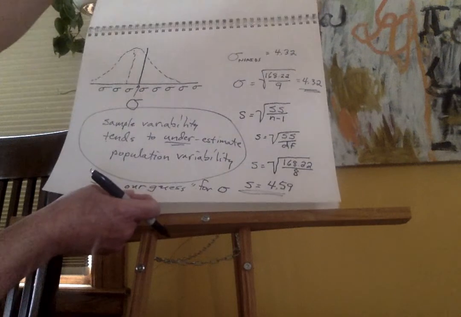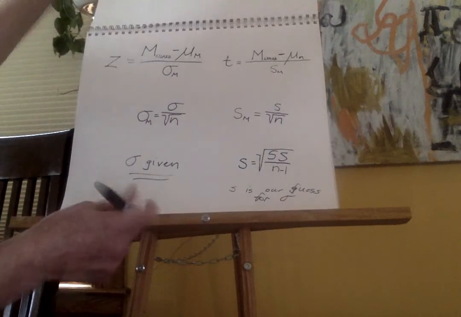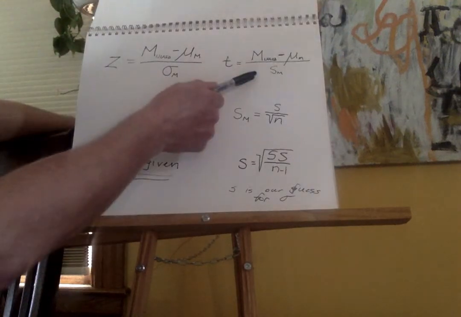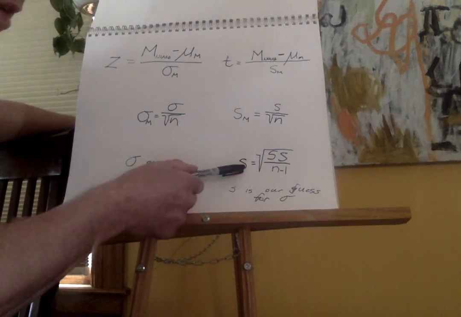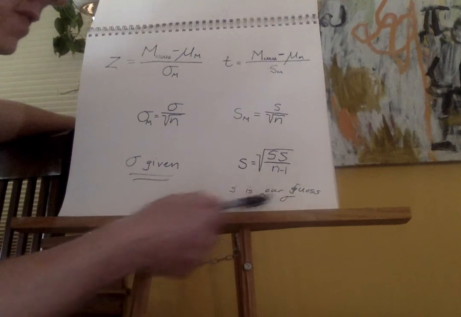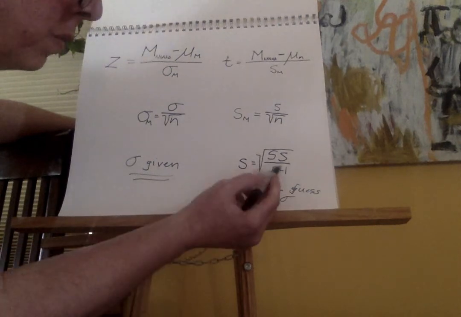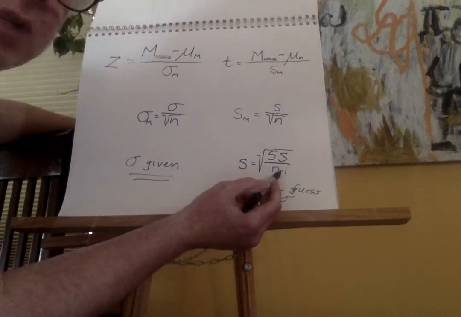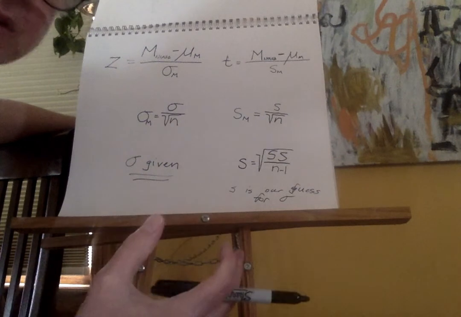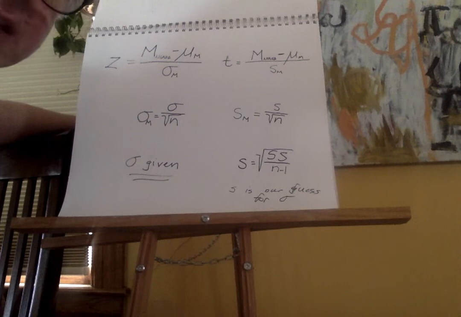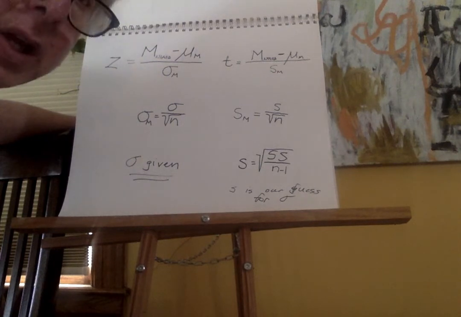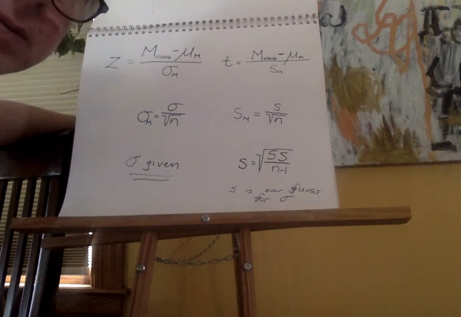Here's the formula. When you're not given sigma, then you need to estimate it. S is our guess for sigma. When we use degrees of freedom, n minus 1, we've adjusted so that instead of a biased estimate, it's an unbiased estimate. That's what they're talking about in chapter 4 when they talk about an unbiased estimate.